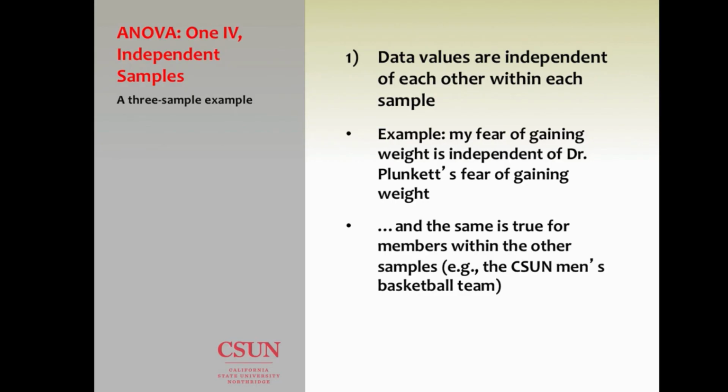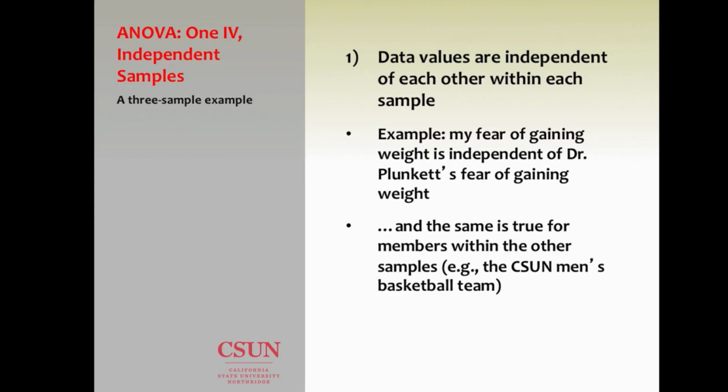For example, in the faculty group, suppose I fill out the scale and then Scott Plunkett fills out the scale. Well, he couldn't have influenced me, or I couldn't have influenced him. If I did, then we would have to delete either my or his data, because they're no longer independent of each other. They're no longer sampled honestly and anonymously.